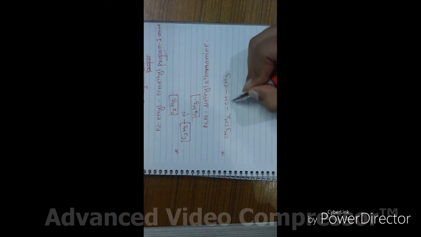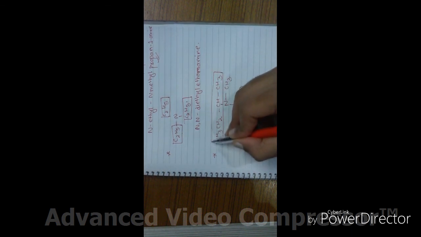So let's take another example also. CH3 CH2 CH CH3 N, with CH2 CH3 and another group CH3.